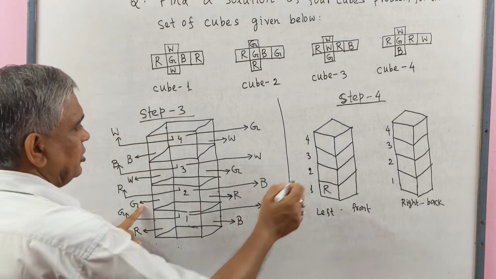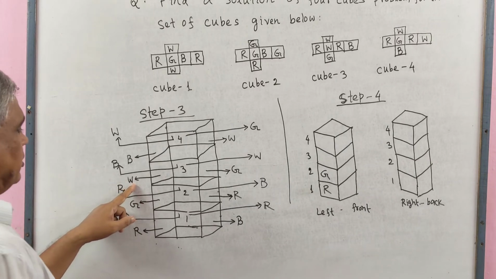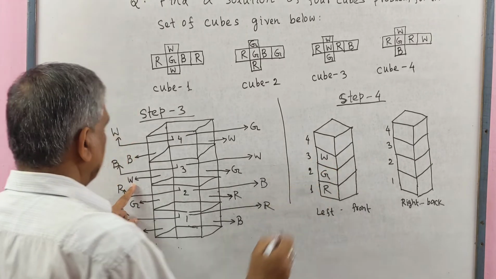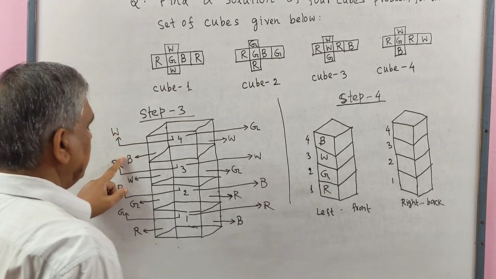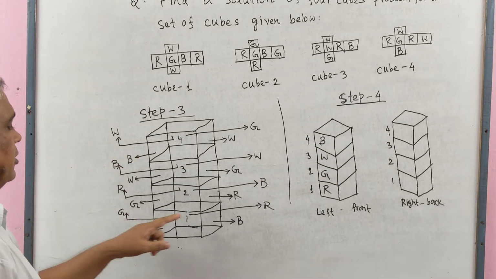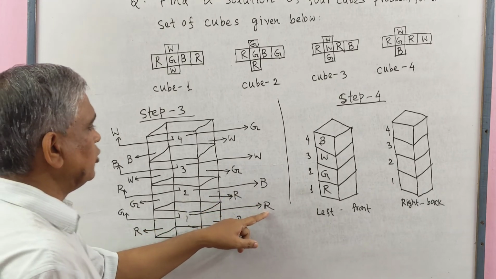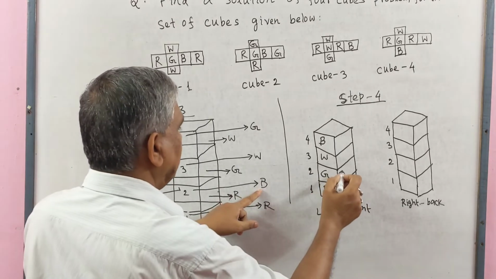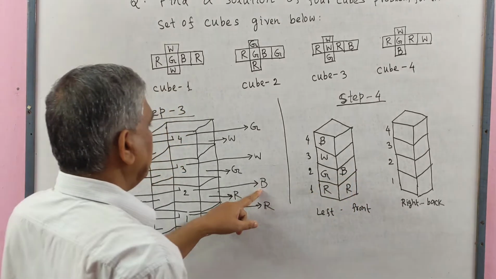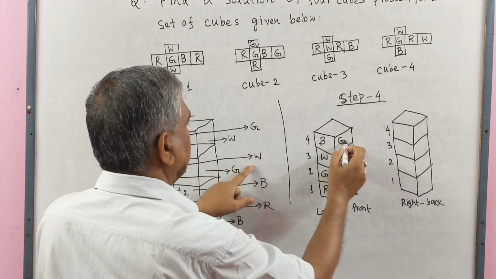In the second cube G. In the third cube W. In the fourth cube B. And in the front, these arrows are for front. First cube R, second cube B, third cube W, and fourth cube G.